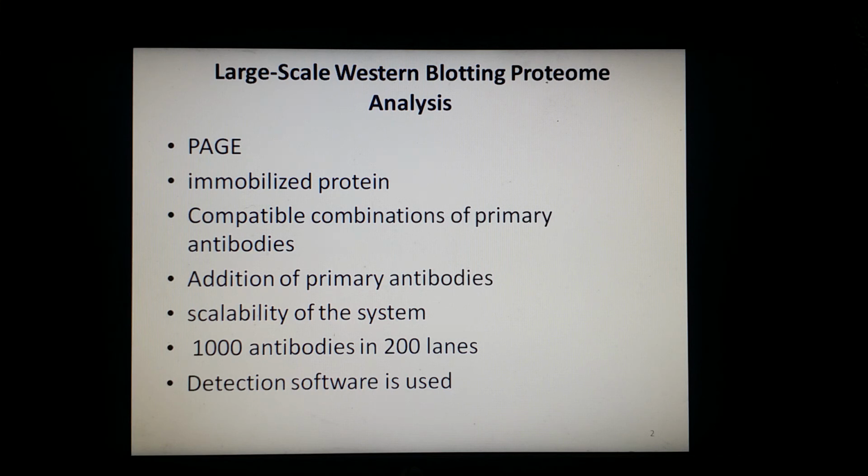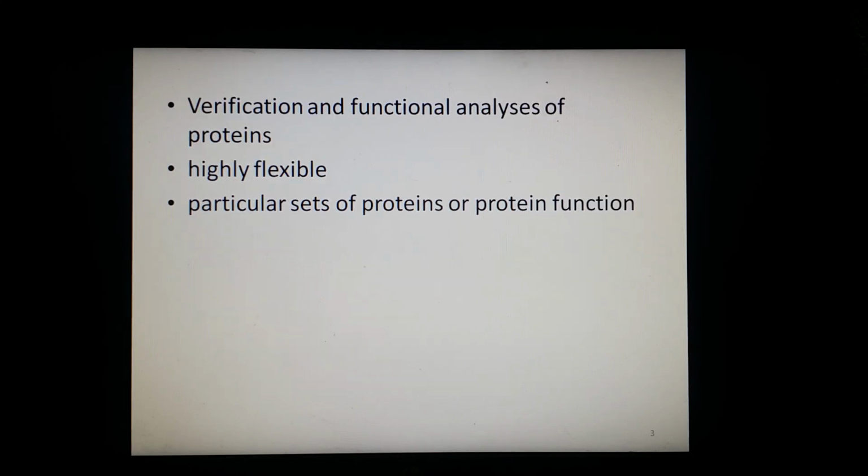Then the detection software is used to identify proteins based on their unexpected and observed gel mobility. Unlike 2D PAGE, high performance liquid chromatography and mass spectrometry, this large-scale Western blotting basically identifies proteins for which antibodies are already available.